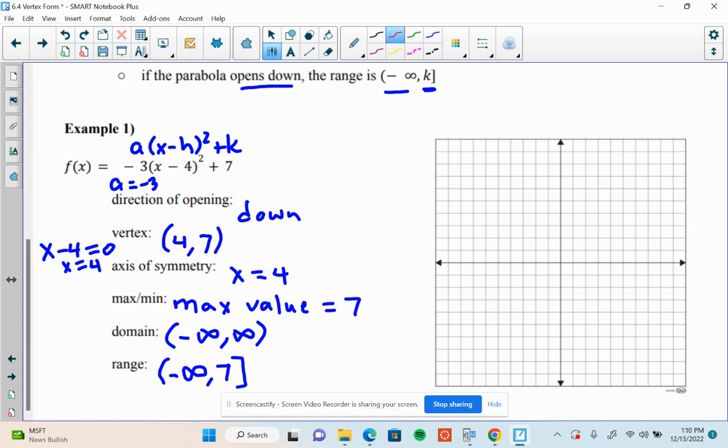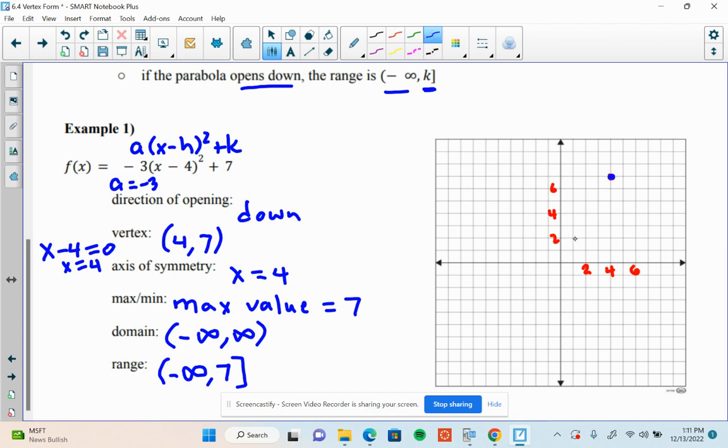And you can do the graph sooner if you would like to. I'm just going to go ahead and put the vertex on the graph. So we'll just count 2, 4, 6, 2, 4, 6. So we've got 4, 7. There's 4, 7. Maybe we'll do that in the blue.